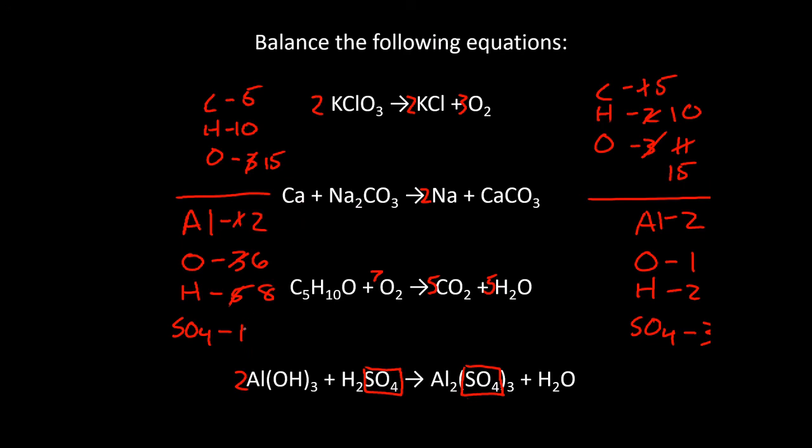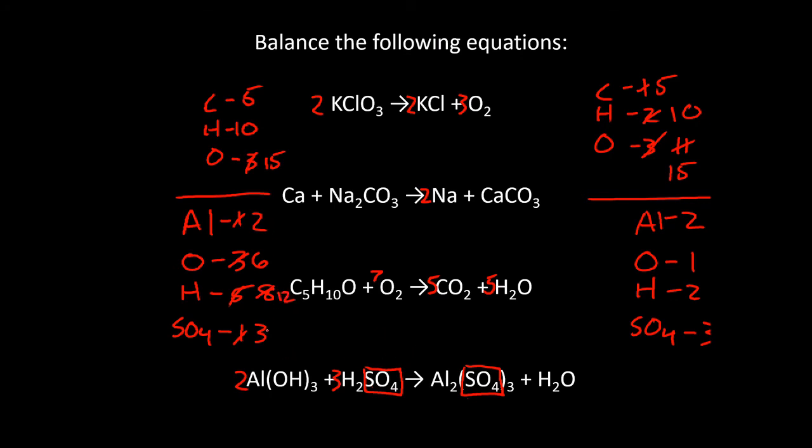And I'm going to balance the sulfate next. So I have just one sulfate on the left, 3 on the right. So to get that to be balanced, I need 3 here. Again, that's going to change our hydrogens. So we had 8 before, but now we have 6 here, 6 here, which gives us 12.